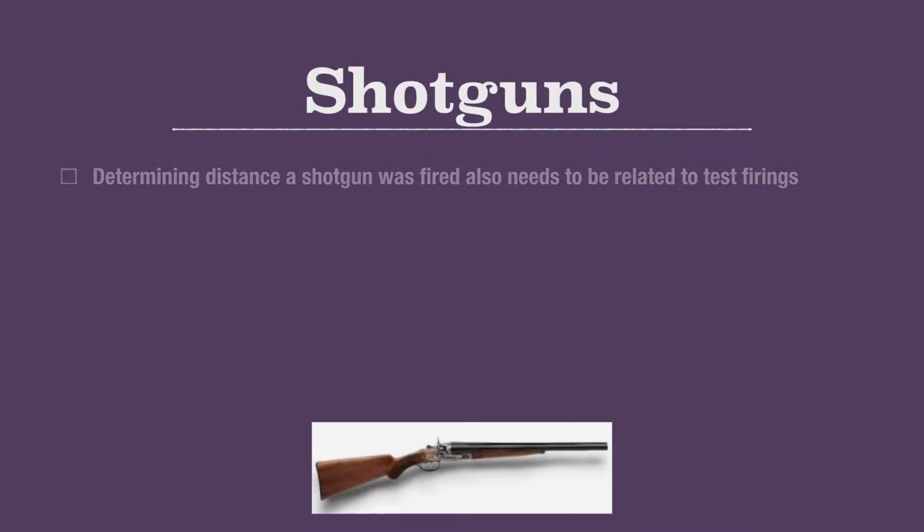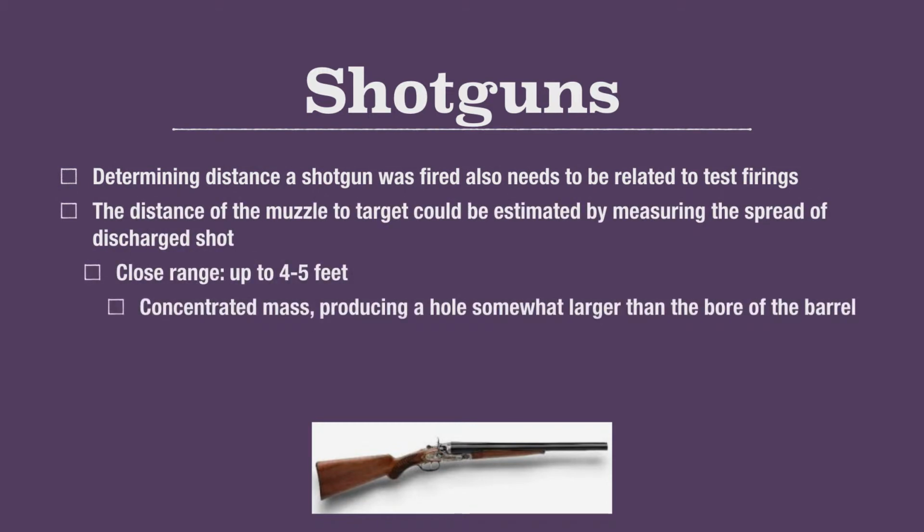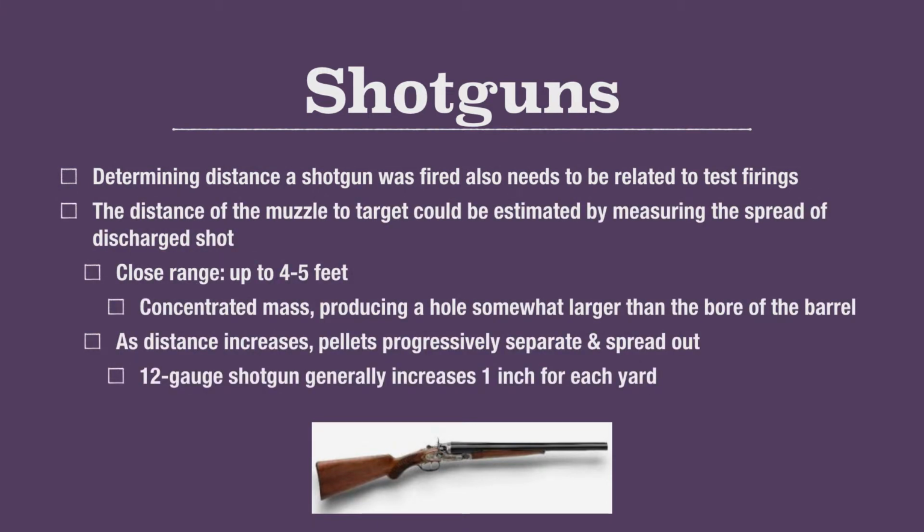If we're looking at shotguns, determining the distance a shotgun was fired needs to be related again to test fires from the same suspect weapon with the same ammunition. The distance of the muzzle to the target could be estimated by measuring the spread of the discharged shot.